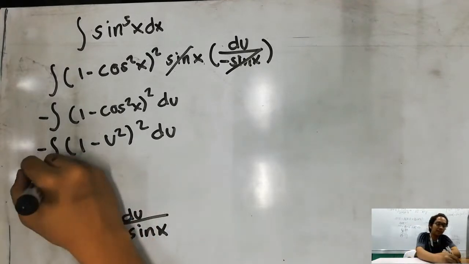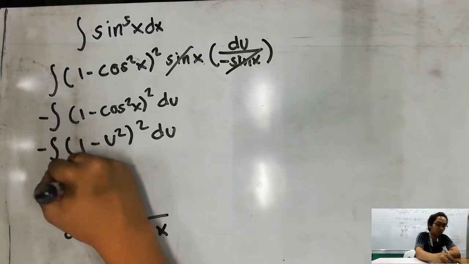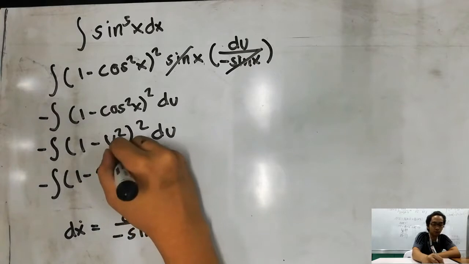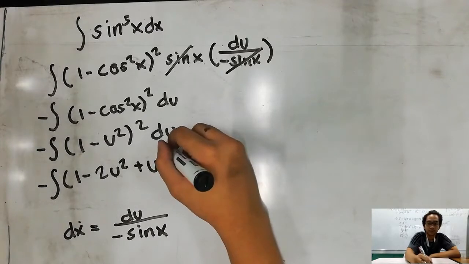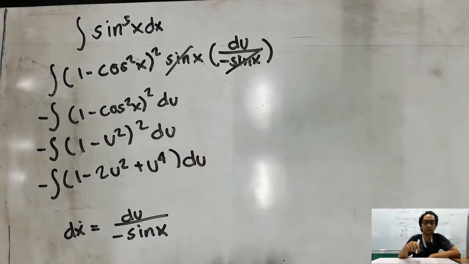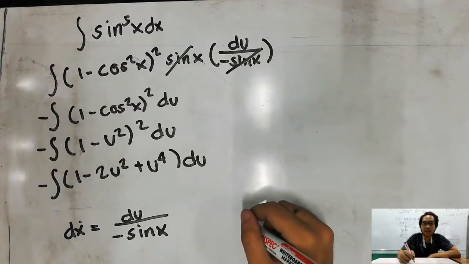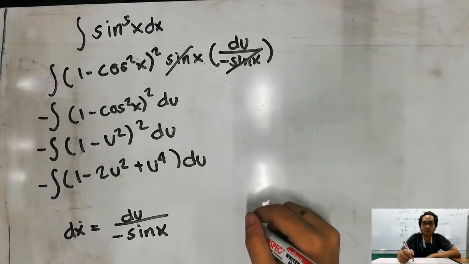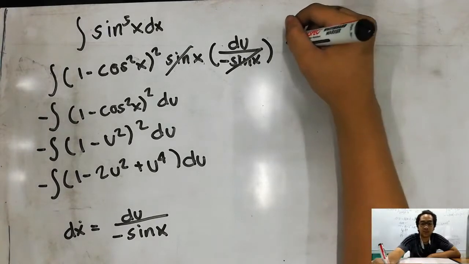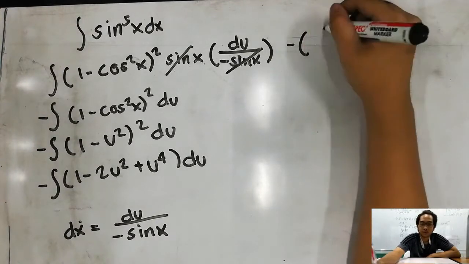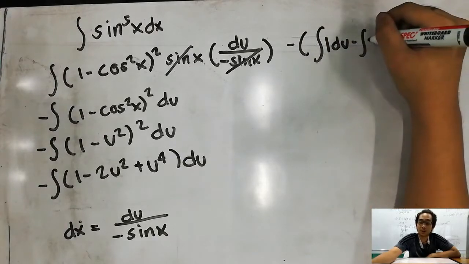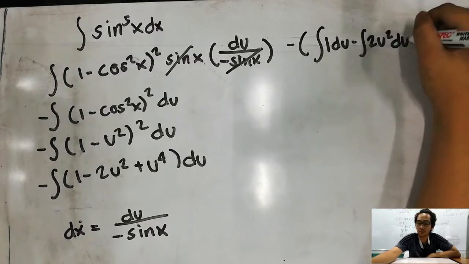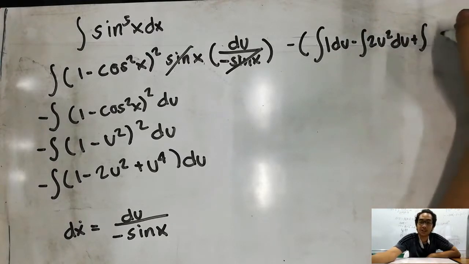It will now be equal to the integral of 1 minus 2u squared plus u raised to 4 du. After we integrate each one separately using the sum rule and the general power rule, we have negative integral of 1 du minus integral of 2u squared du plus the integral of u raised to 4 du.